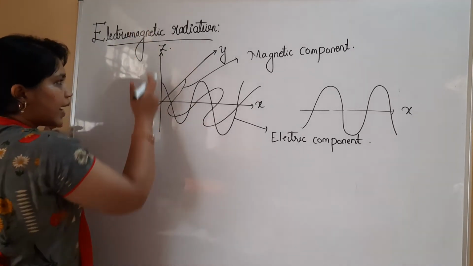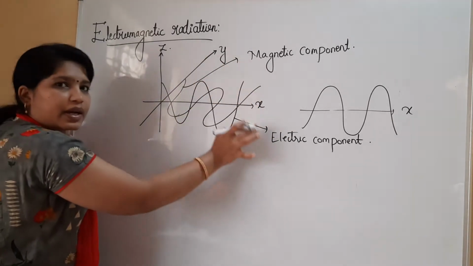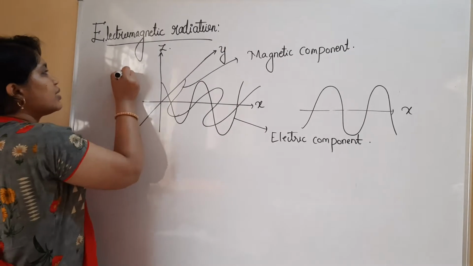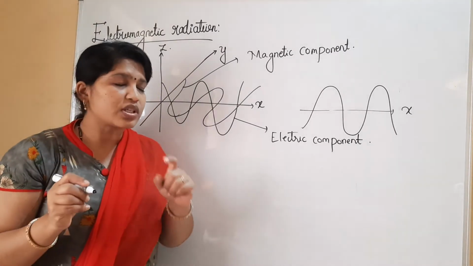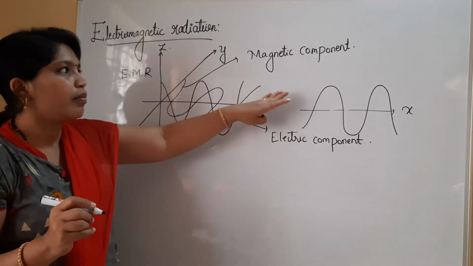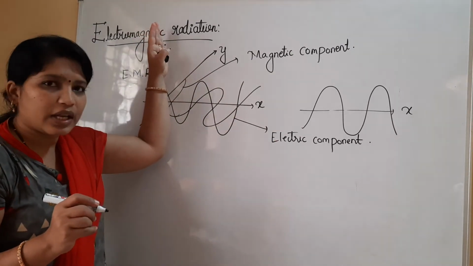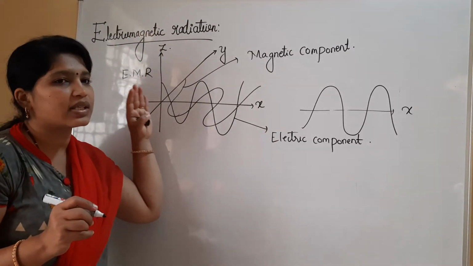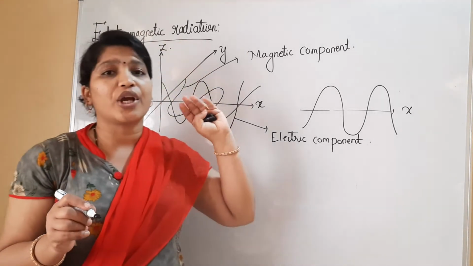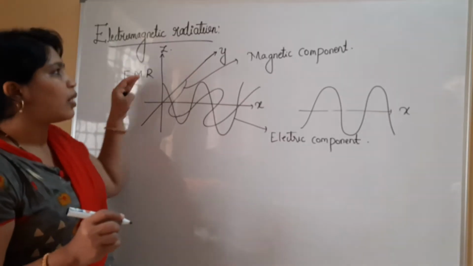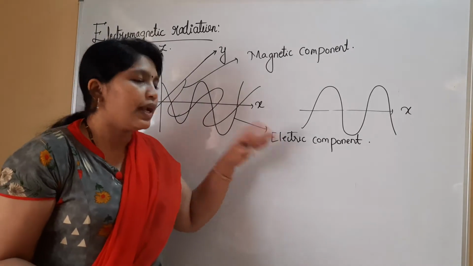The z axis, on which we see both the electric component and the magnetic component, is called the electromagnetic radiation. And one more most important thing: the electric component and the magnetic component together are taken in one fashion through the z axis, which is called electromagnetic radiation. All together are perpendicular to each other. Electromagnetic radiation is perpendicular to the magnetic component as well as to the electric component.